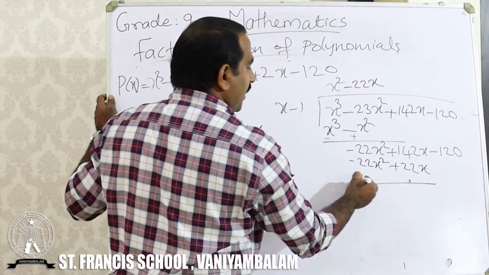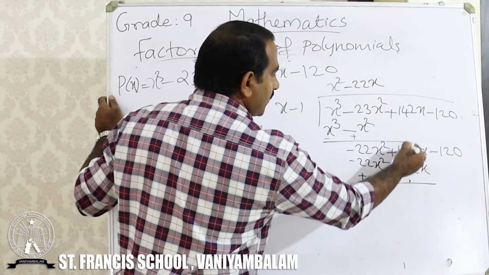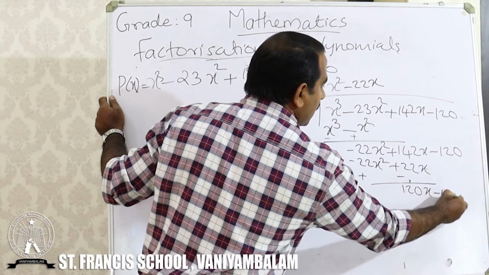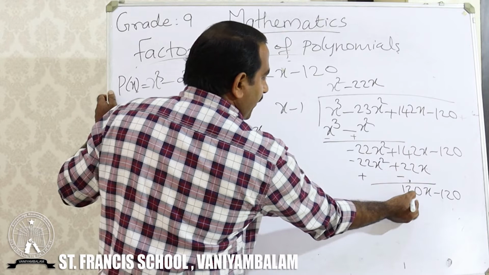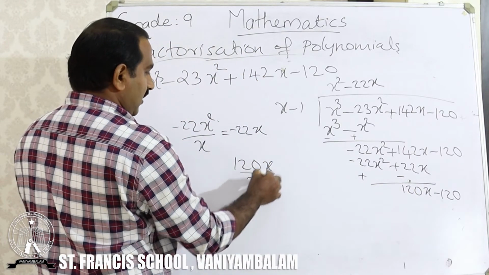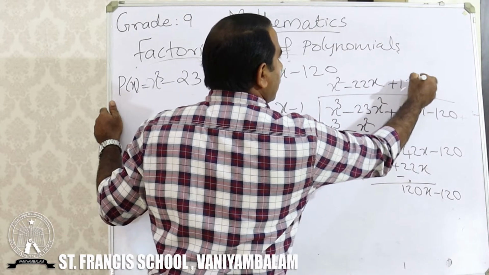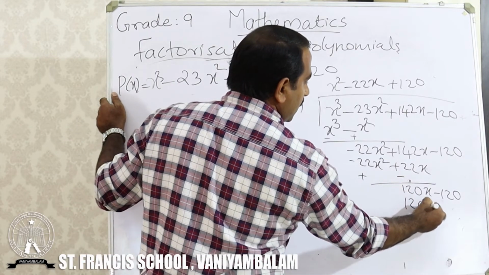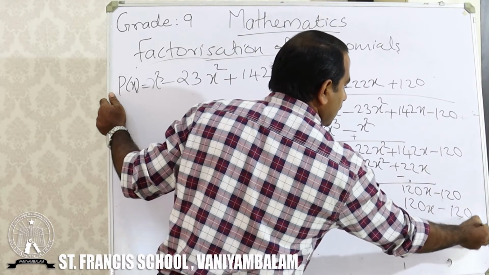Now we subtract, the sign will change. This is 0. It is 120x minus 120. Now we divide the new dividend, positive 120x, by x. x cancels, 120 is left. So 120. Multiply 120 times x is 120x, minus 120 into 1 is 120. Subtract.